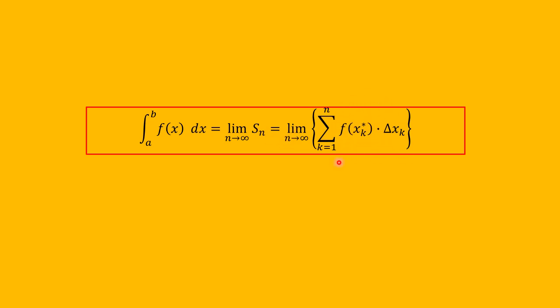Now remember that we divided the interval ab into n equal length subintervals. So that means that as n goes to infinity, each of these delta x sub k's is going to be equal to b minus a divided by n, and so these delta x sub k's all go to 0 in the limit as n goes to infinity.